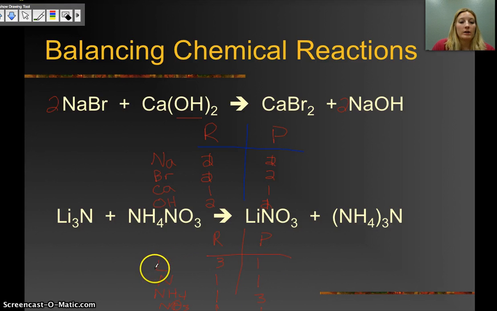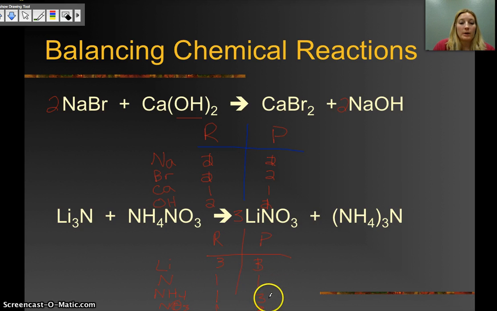So if we take a look at our lithium, we have 3 on this side, 1 on this side, so we need 3 lithiums on our product side. So we'll put a 3 there. That means we now have 3 lithiums. We also have 3 nitrates. Anything you put in front affects what comes after. We have 1 and 1 nitrogens.